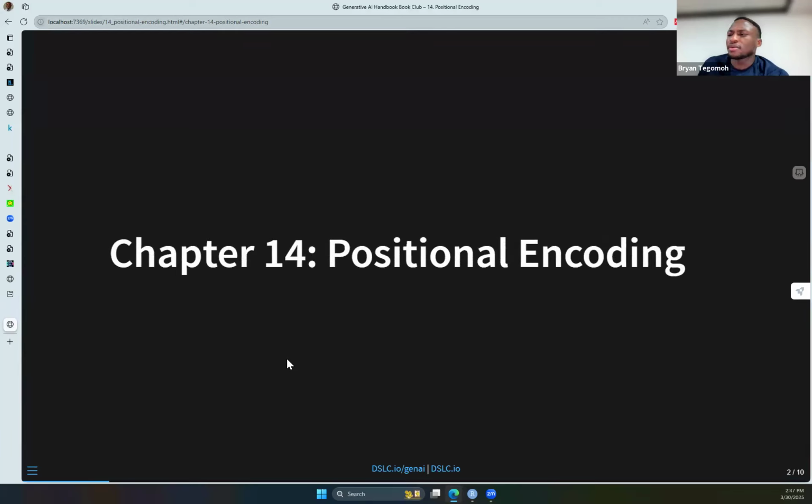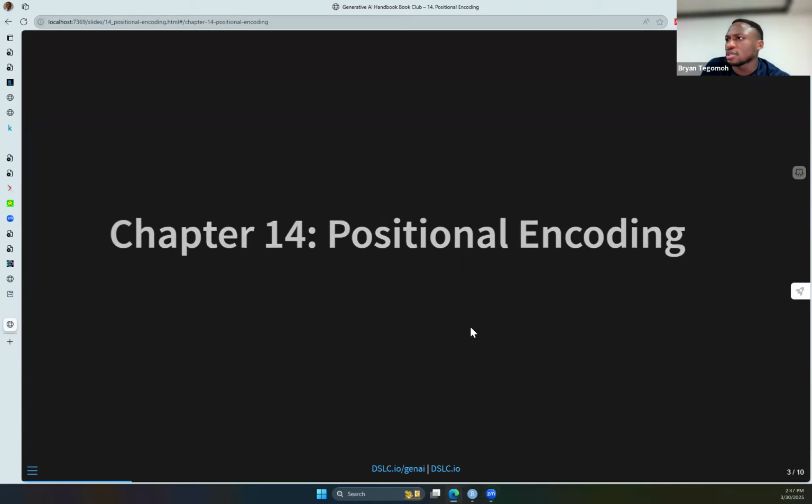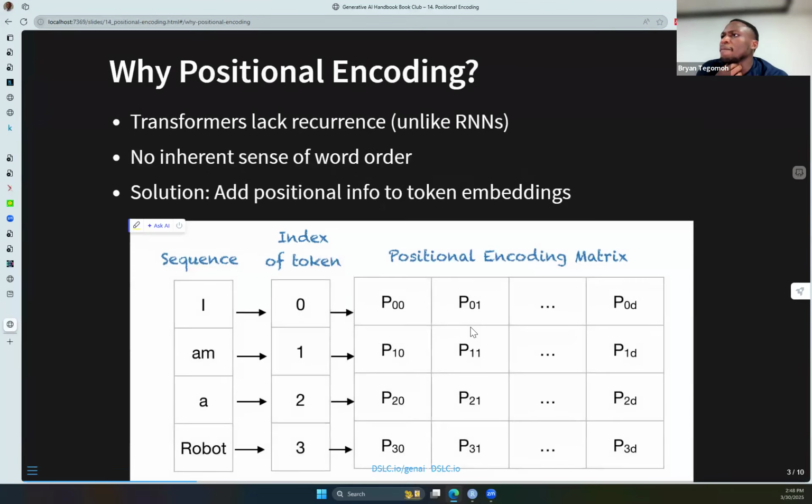Yeah, so the next chapter we're going to briefly discuss is positional encodings. And please feel free to help me here because this was one of my most difficult topics.